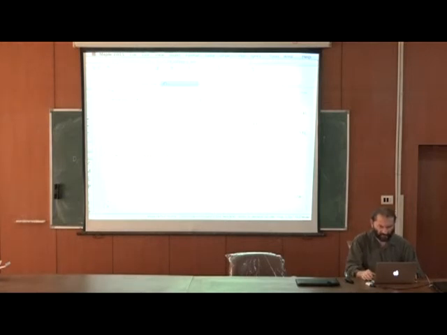So this is our equation, and this is our system. We can add, for example, the equations for the metric functions.